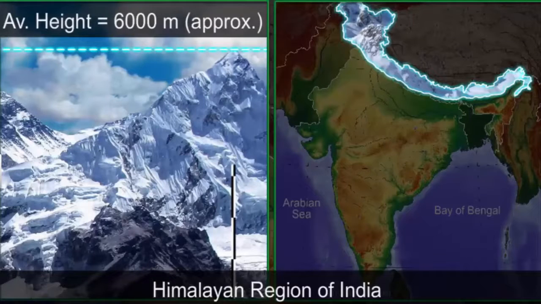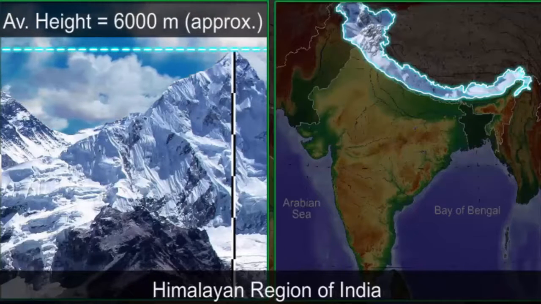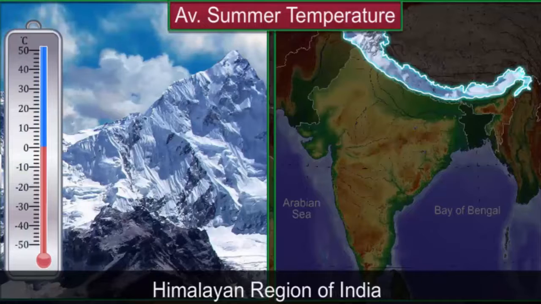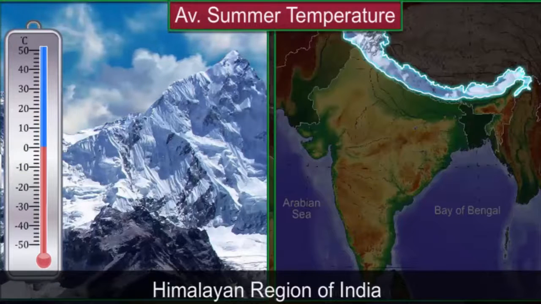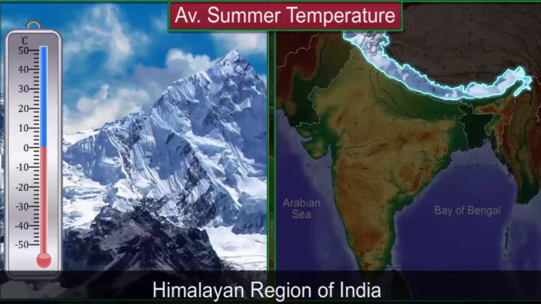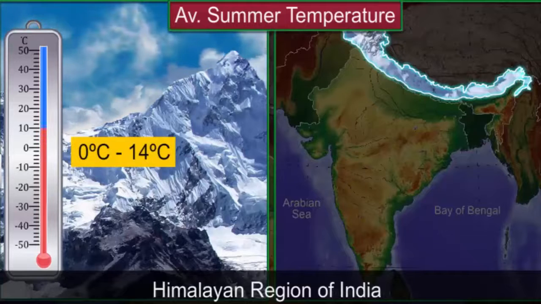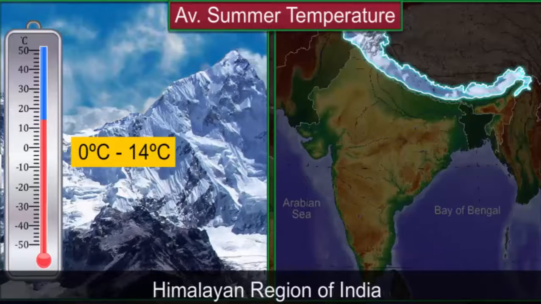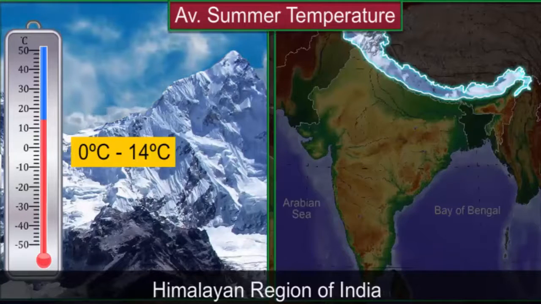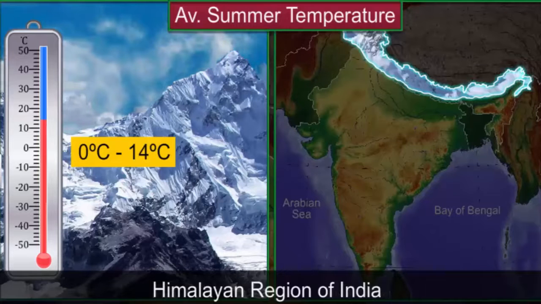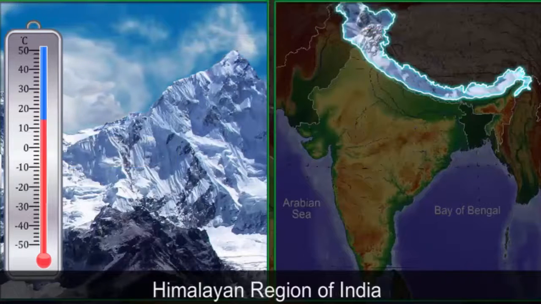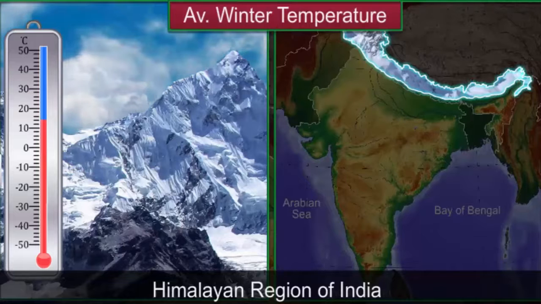The average summer temperature on the Himalayas can vary from 0 degrees Celsius to 14 degrees Celsius, while winters can see the temperature dipping below freezing point with heavy snowfall.